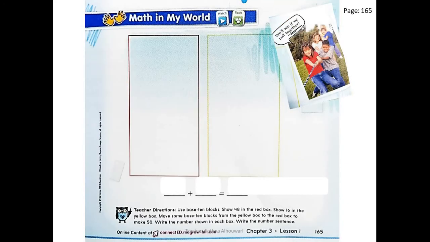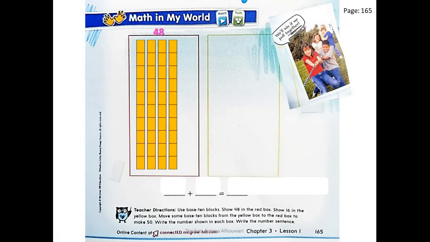Now let's start our new lesson. Please, grade 2, open your book, page number 165. Lesson grade 2. Let's show number 48 in the first box, this one, with base 10 blocks. Let's see how we can do that. How many tens are in number 48? What do you think? How many tens? The value in tens digit is 4. So we have 4 tens.